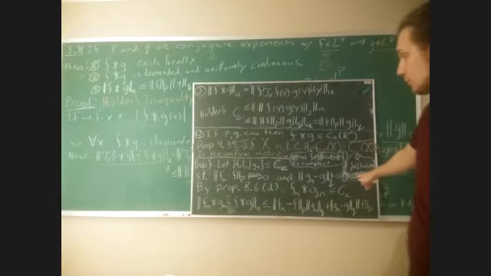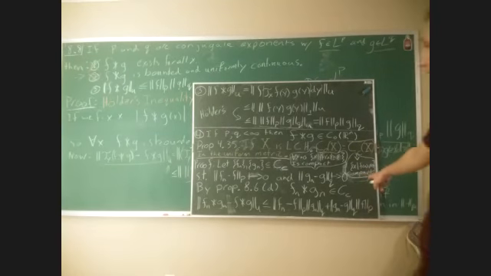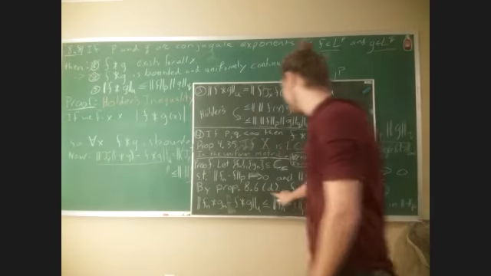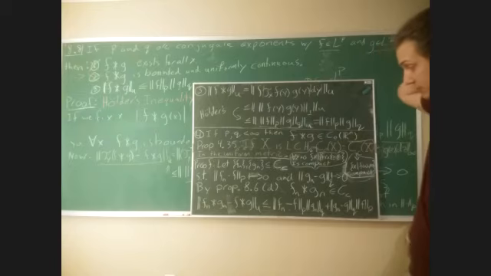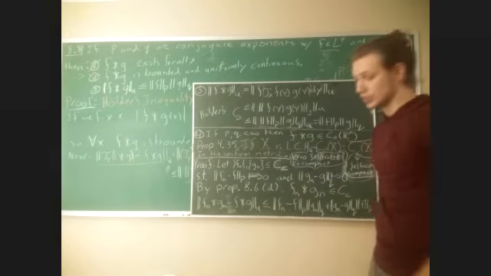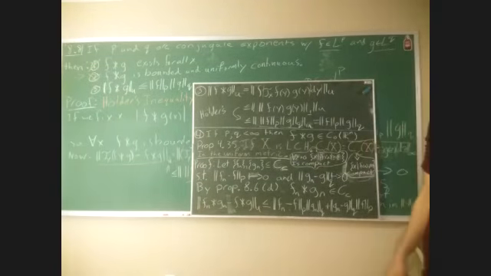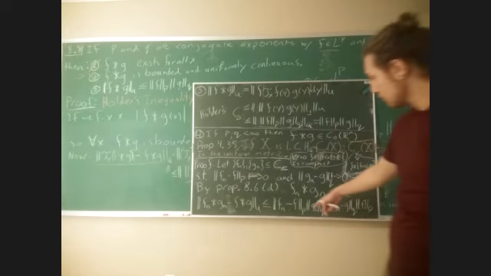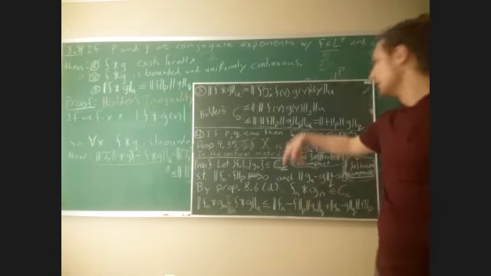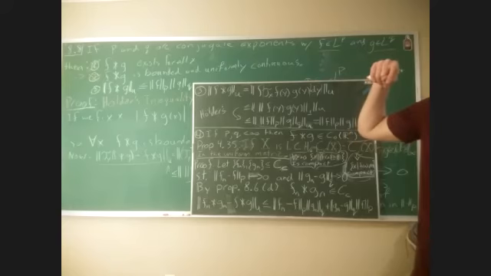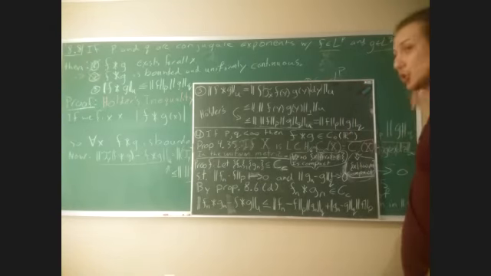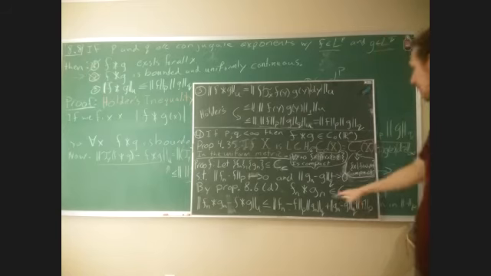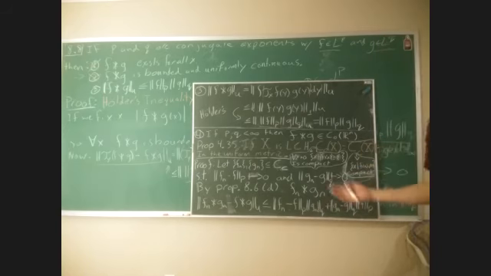So what we're then going to use is proposition 8.6d, which is what we used last time, which said that the support of the convolution of two functions is contained in the closure of the Minkowski sum of their supports.